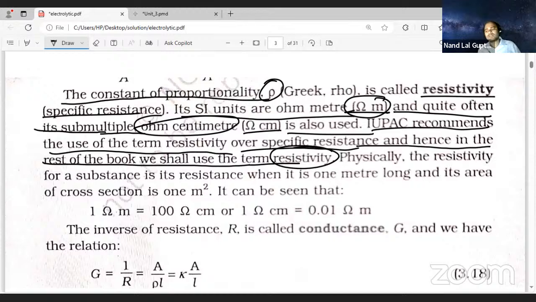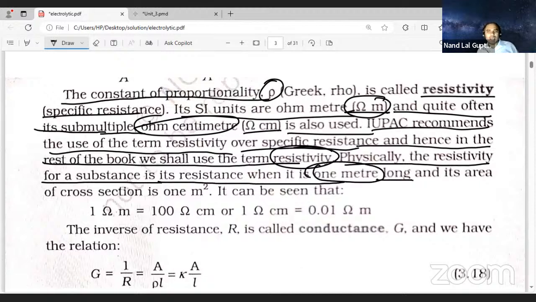So earlier it was specific resistance, now it has become resistivity. Physically, the resistivity of a substance is its resistance when it is 1 meter long and area of cross section is 1 meter square. That I explained, if you are remembering anything.